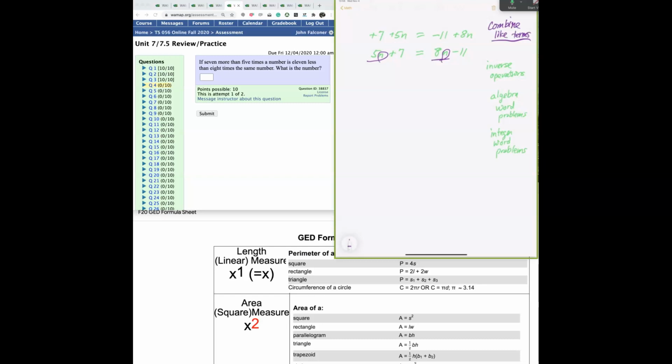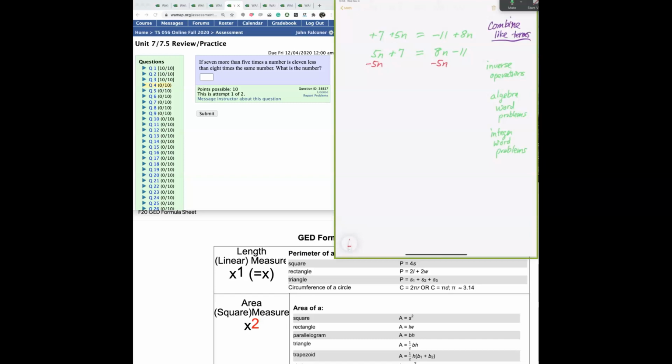So we have to follow the rules of algebra. Let me uncircle those. I'll bring out a new color. And what I'm going to do is subtract 5n from both sides. First, we want to group everything together, right? And by using inverse operations, here we have plus 5n, so we're going to do minus 5n.